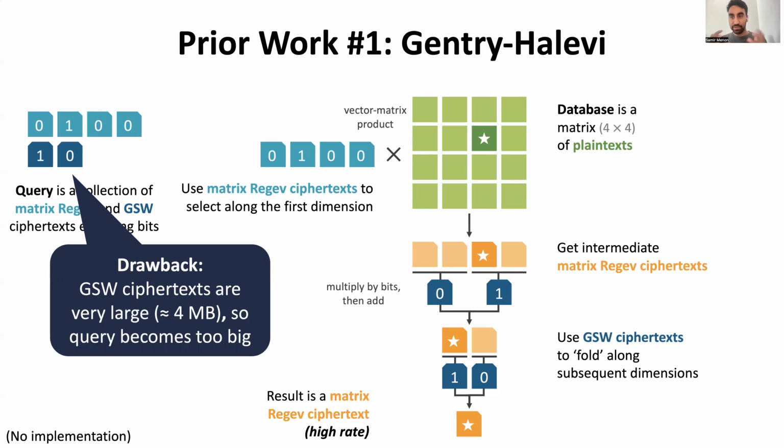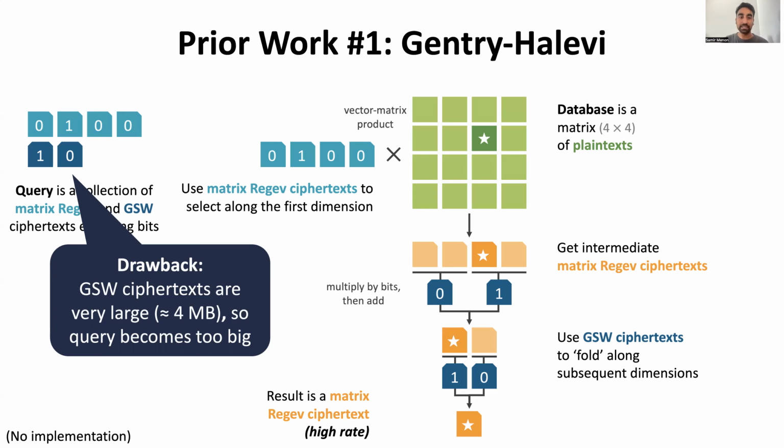The exact way you structure the database is a parameter that we can choose. We could make the first dimension very large and fold very little, or we could make the first dimension smaller and do more rounds of folding. So it's a parameter. Anyway, the downside is that the GSW bits are very, very large, megabytes each. So the query becomes large.